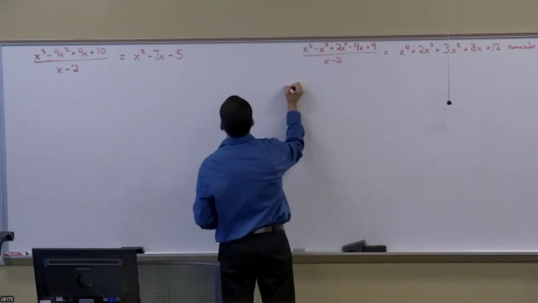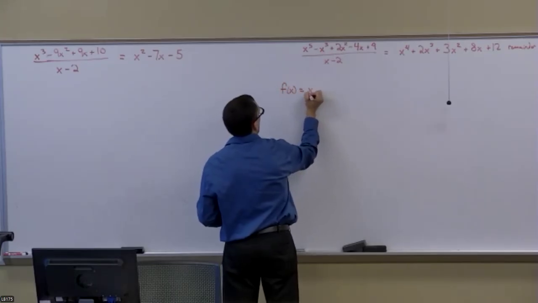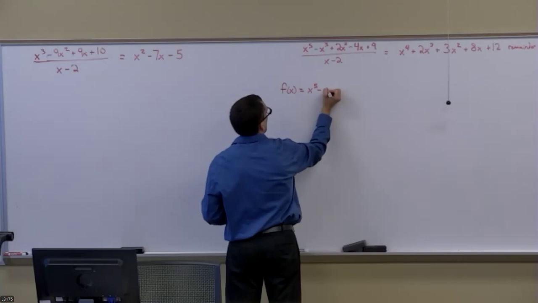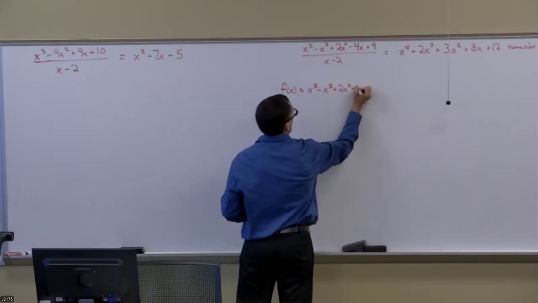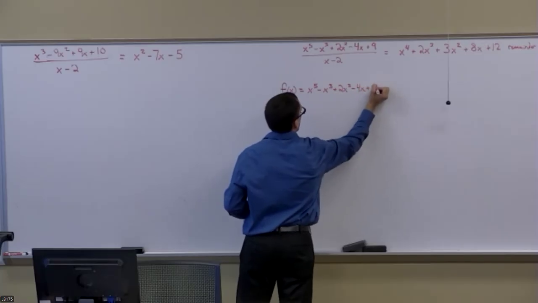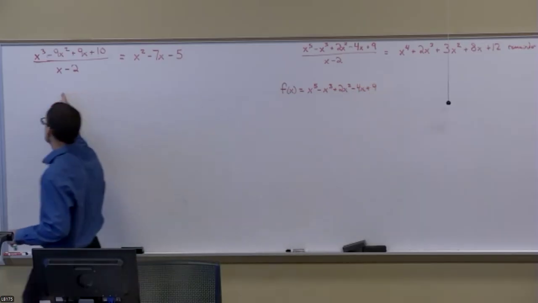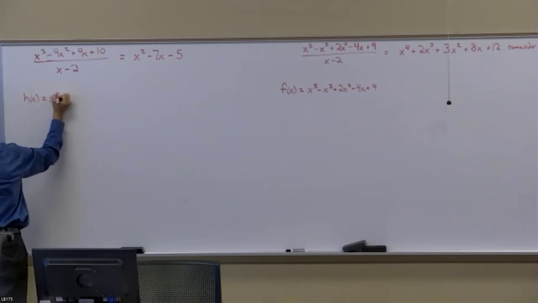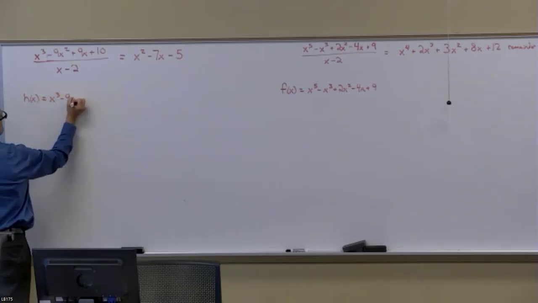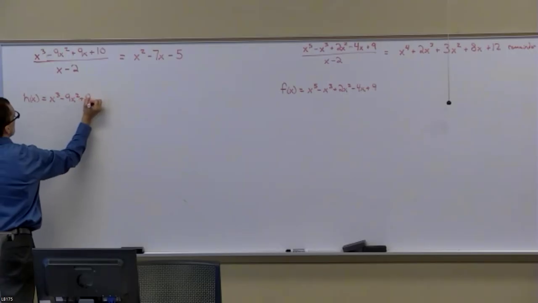So the output function, let's call this f of x, as x to the 5th minus x to the 3rd plus 2x squared minus 4x plus 9. And then we'll have this other function as the dividend, let's call that h of x, just so we have something different on the board.